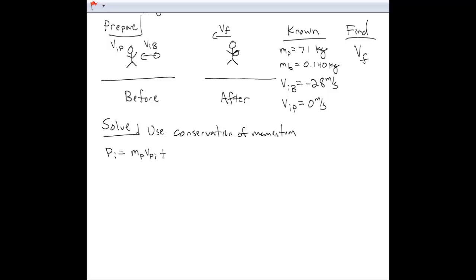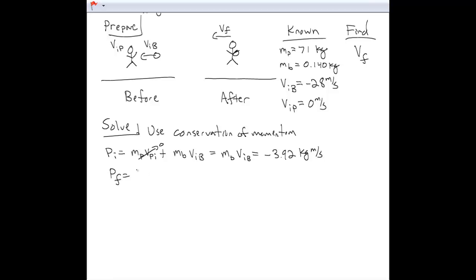That's the mass of the player times the initial velocity of the player, plus the mass of the ball times the initial velocity of the ball. Since the initial velocity of the player is 0, this is just the mass of the ball times the initial velocity of the ball. Multiplying those two numbers together, we get negative 3.92 kilogram meters per second.